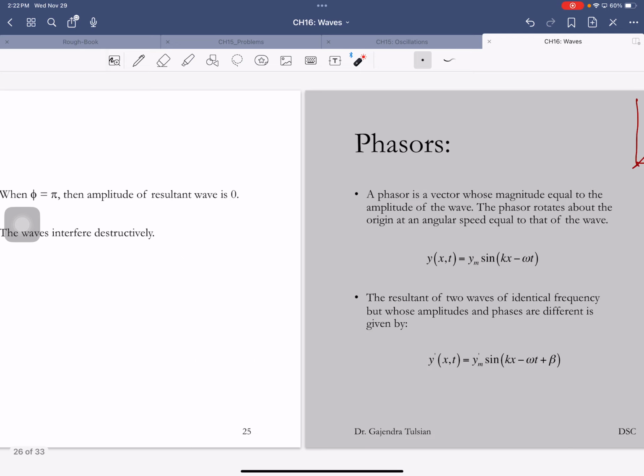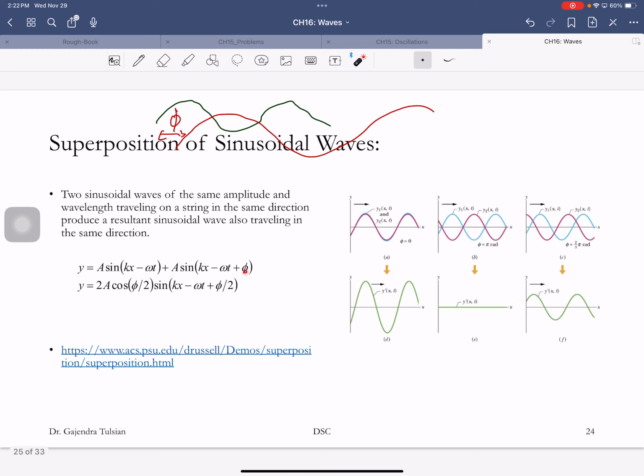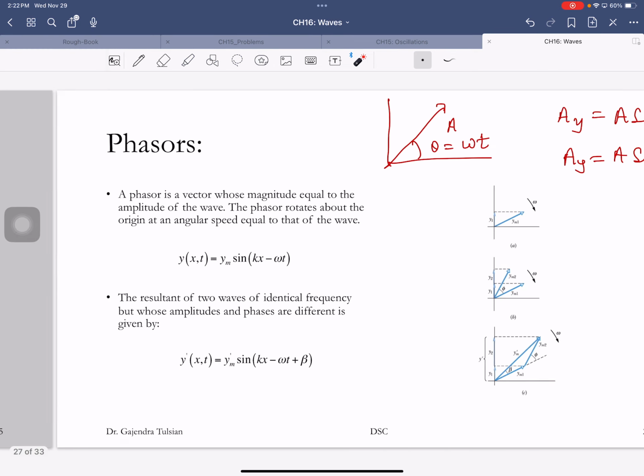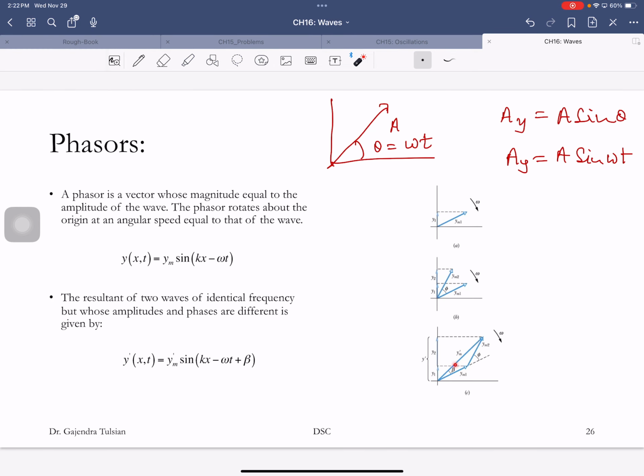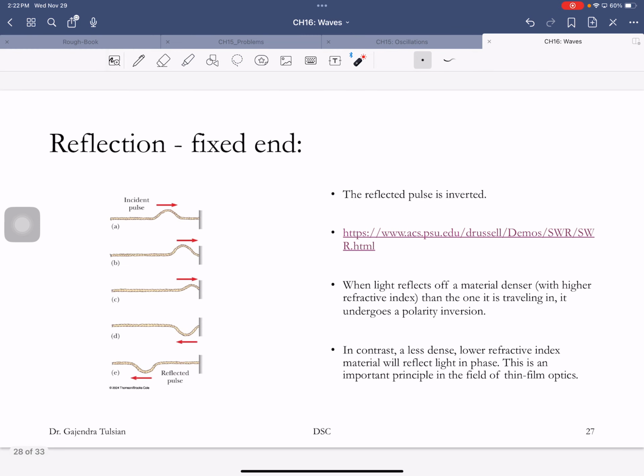The sum of those two waves is that, and that is rotating at that same angular speed. So using this technique, you can add millions of waves very easily. That's what that technique is. I'm going to slightly speed up, but I want to finish this.